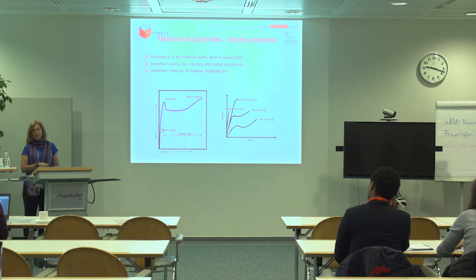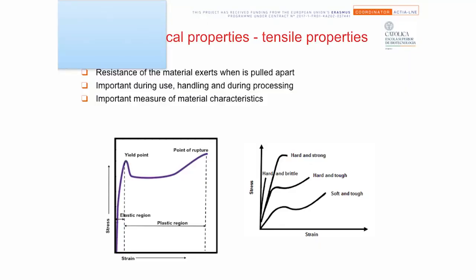But if we stretch the material past the yield point, then the deformation is not reversible any longer, and we will have permanent deformation. And this is the point of rupture. Okay? So this is important to understand and to check which are the conditions in which our material is going to be used.